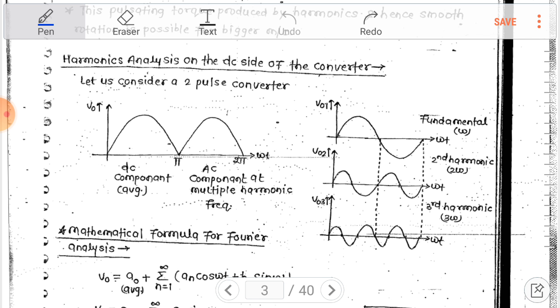The harmonic components can be the fundamental, second harmonic, third harmonic, and so on up to the nth harmonic. So the signal we obtain from the output of the rectifier, we can convert it to a DC component and multiple harmonic signals.